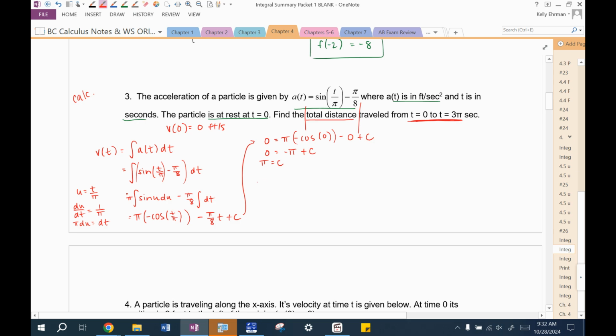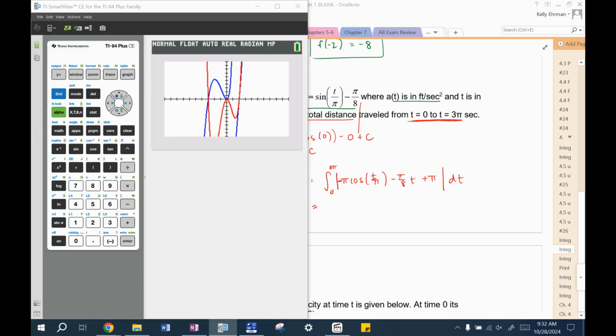So I want the total distance now. Total distance is the integral from 0 to 3 pi of the absolute value of v of t, which is negative pi times cosine of t over pi minus pi over 8t plus pi. Pop this into my calculator here.